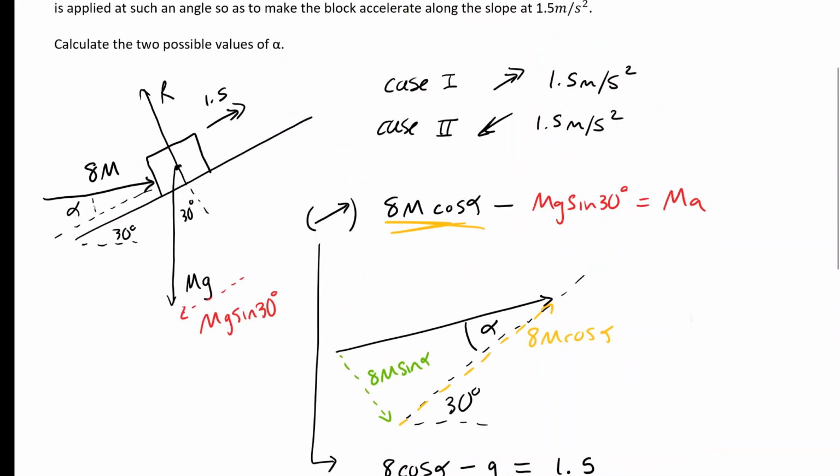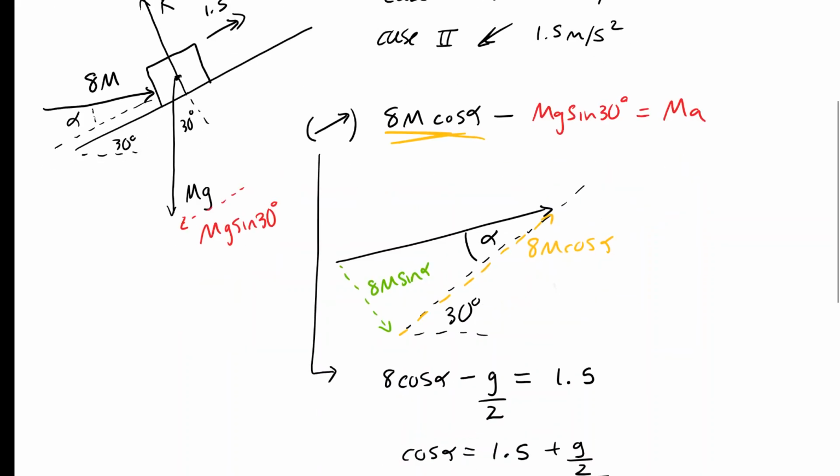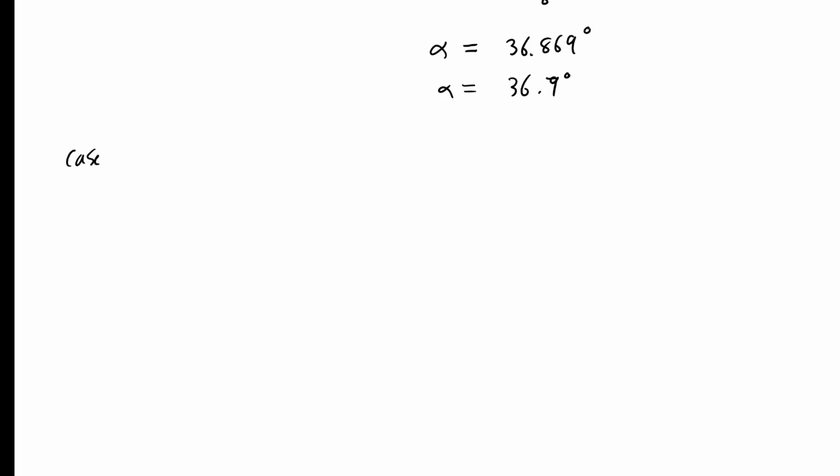So that's the case where this is going to accelerate up the slope. We should also consider case 2, where this ends up accelerating down the slope. So in case 2, we're going to take down the slope to be positive.